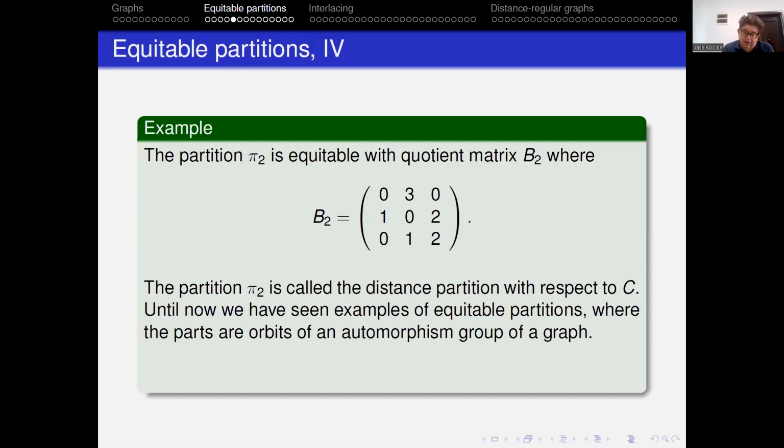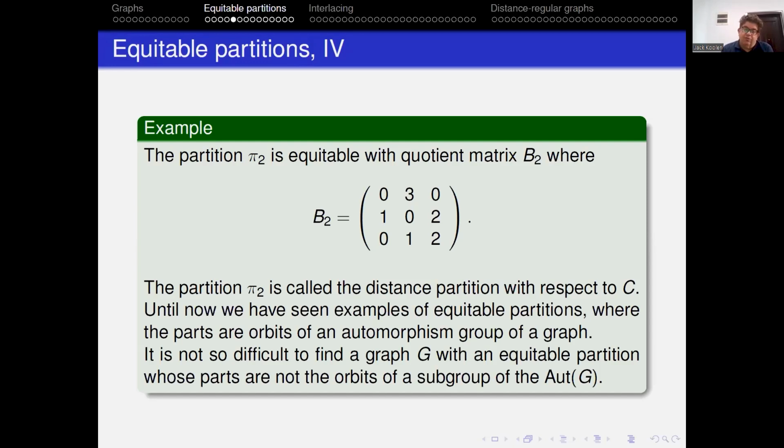So up to now we have seen equitable partitions where the parts are orbits of an automorphism group of the graph. But it's not too difficult to find a graph, even a connected graph, with an equitable partition whose parts are not the orbits of a subgroup of the automorphism group.